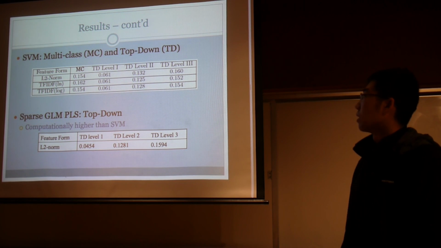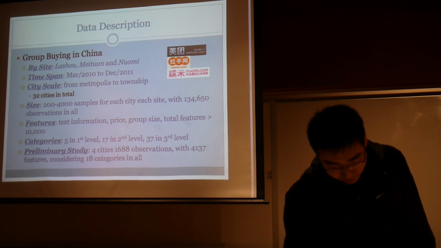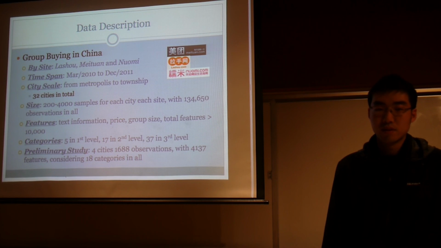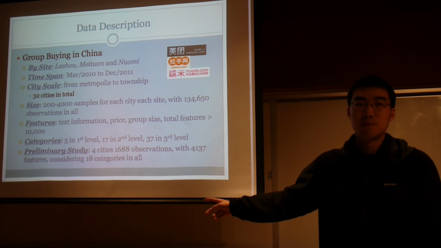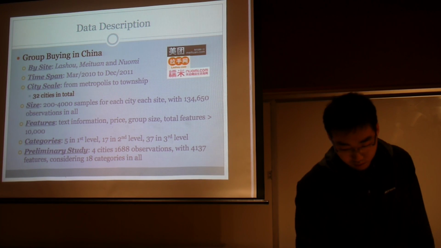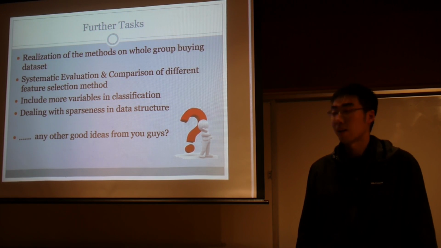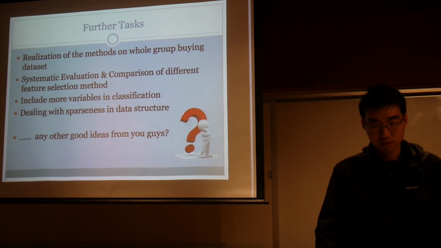Another thing I need to point out is that the preliminary data set has N of only 1,600, so that might be a problem. That might not be a problem for SVM, but it could be a problem if we use the whole data set.